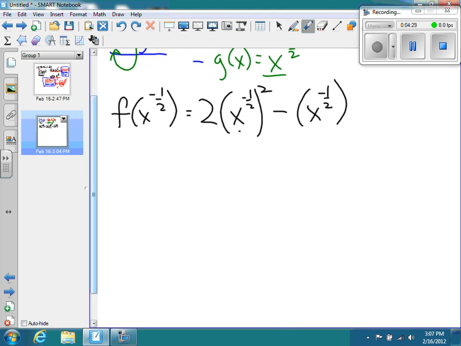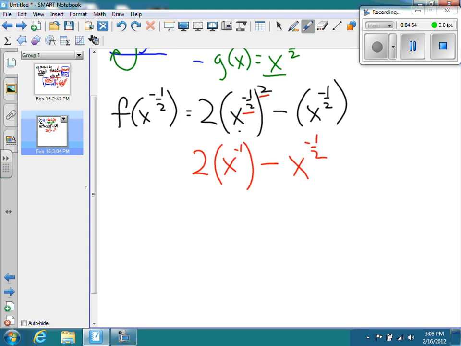This is going to give me 2. And if I have x to the minus 1/2 squared, that's going to give me x to the minus 1, because I just multiply my power squared times my power of 1/2, and that gives me x to the minus 1, minus x to the minus 1/2.